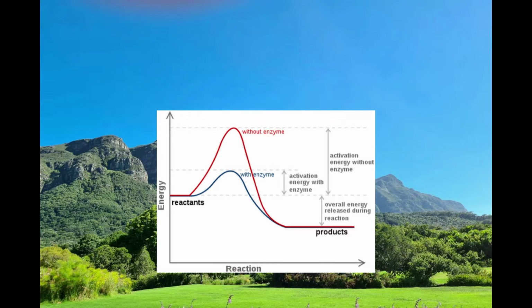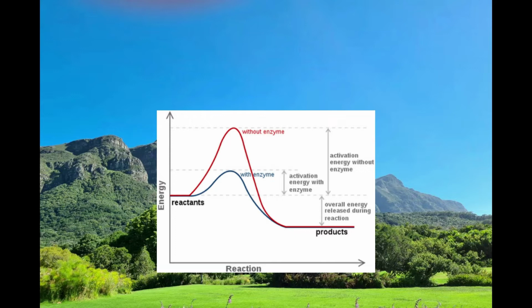So the substrate has to go through a much higher energy state. This higher energy state is known as the transition state.